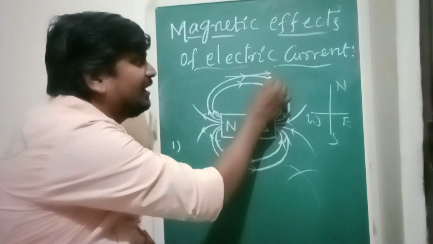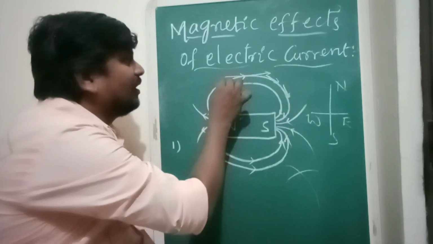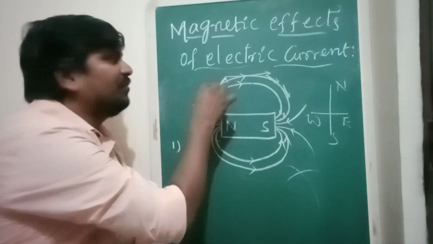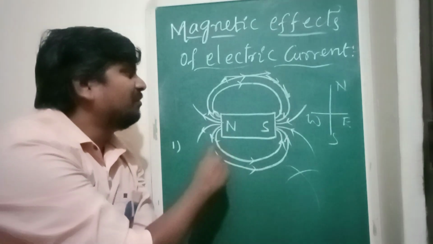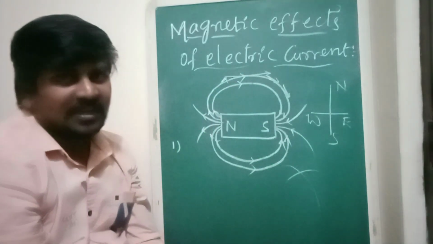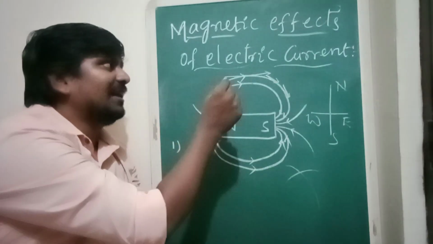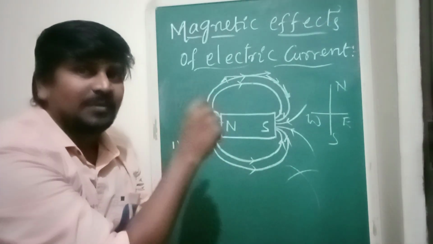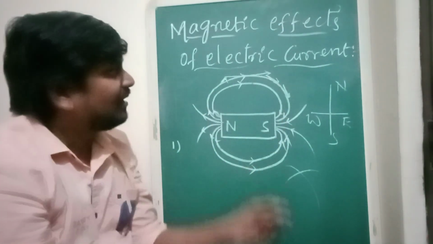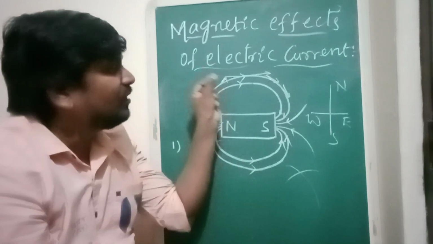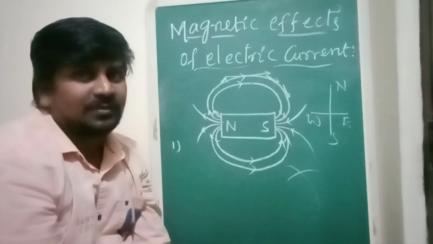In this point along this tangent, in this point along this tangent. Every time, the direction of the magnetic field changes from point to point. But overall you can consider the magnetic field lines will be from north to south. That is the reason if you draw a tangent to the curve, then at that particular point along the direction of the tangent the magnetic field will be there, at that particular point only. Overall, you can consider north to south.